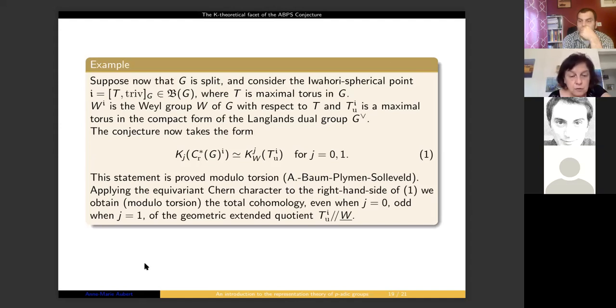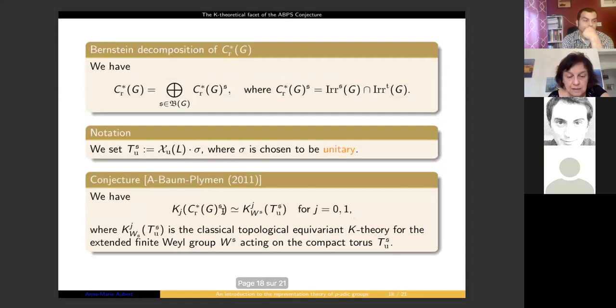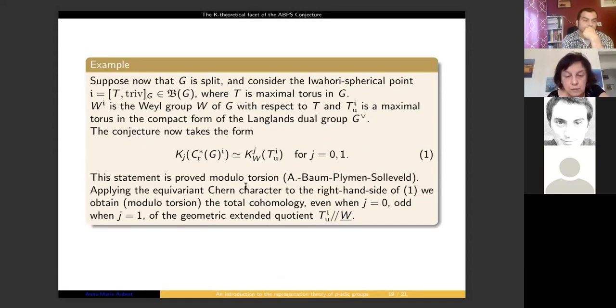Okay, and now I just rewrite the conjecture, so it is exactly the same statement, except that I change S into I, and W_S by the entire group W. And then it's possible to prove the analogous result, the weaker form up to torsion.